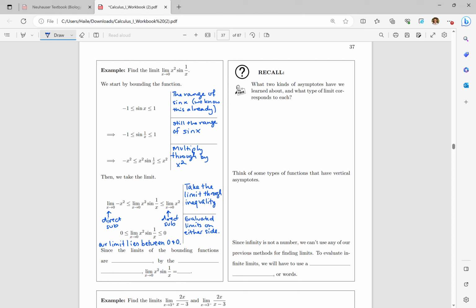But what does that mean? Well, that just means that it is 0. If something lies between a number and itself, there's nothing in between a number and itself except that number. So, since the limits of the bounding functions are both 0, by the squeeze theorem, the limit in question is also 0.